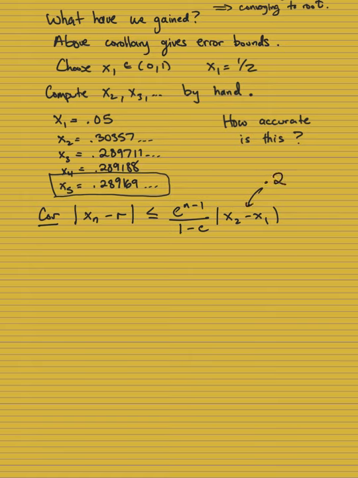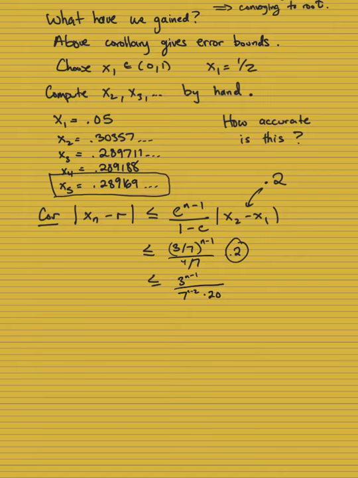So I get this is less than or equal to (3/7)^(n-1) over 4/7 times 0.2. Okay, so this is less than or equal to 3^(n-1) over 7^(n-2) times 20. Okay, this is dividing by 5, and so you get 4 times 5.